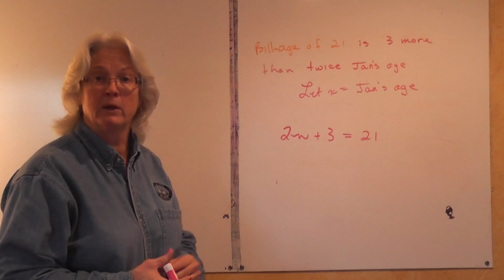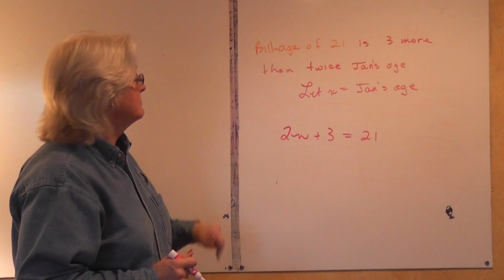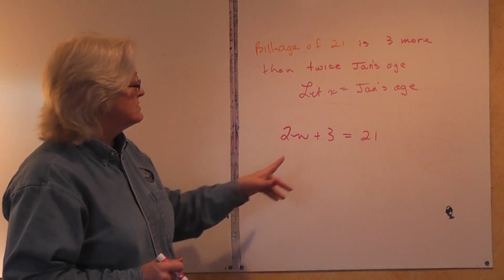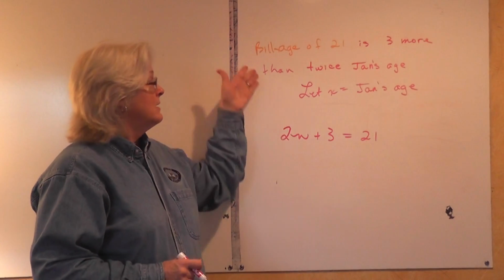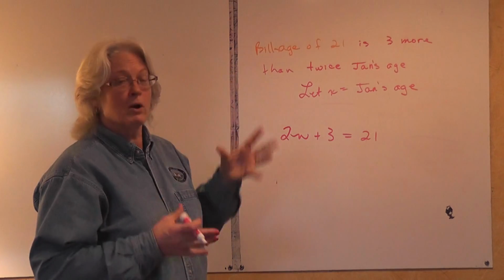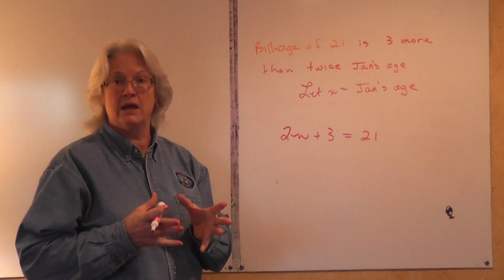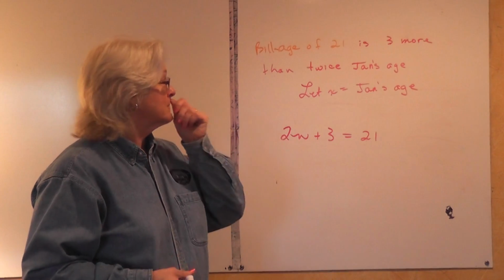We simply want to be able to come up with an algebraic equation that we can solve. So I wrote this expression left to right, didn't I? I looked at my problem and I said, what am I beginning with? Well, I'm beginning with twice Jan's age, and I'm adding 3 to that.